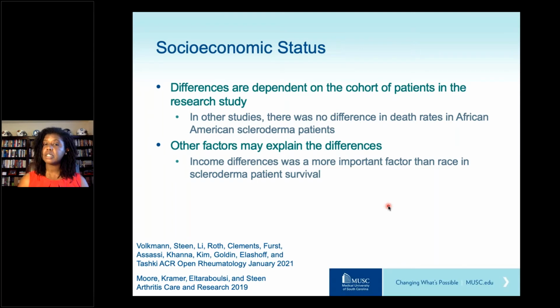However, there are some studies where there was not a difference in the death rates of African American and non-African American scleroderma patients. And there was one study to show that there are other factors that may explain some of the differences, including socioeconomic. So income differences was found to be a very important factor, even more important than race in a particular cohort of patients. And that income difference did affect patient survival.